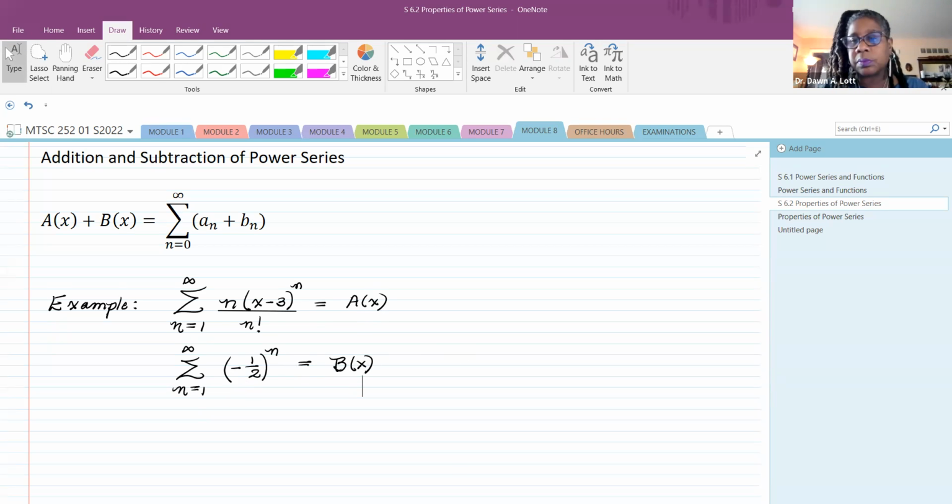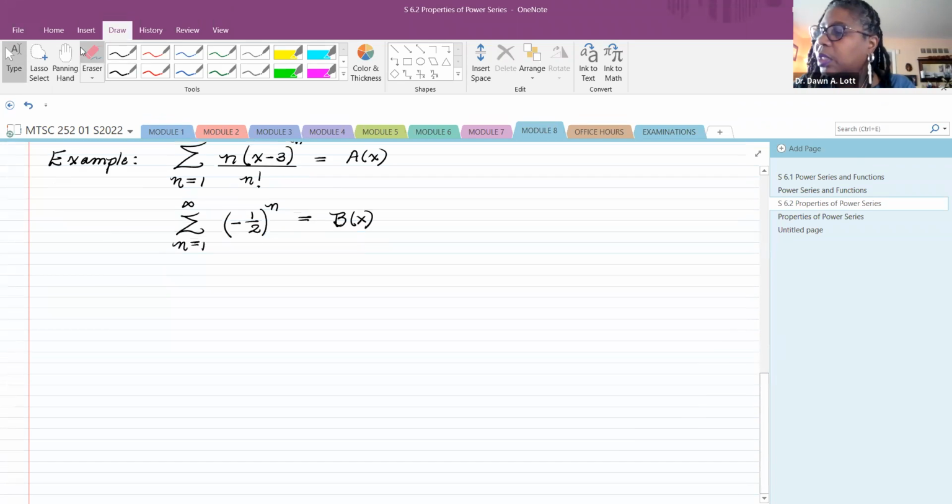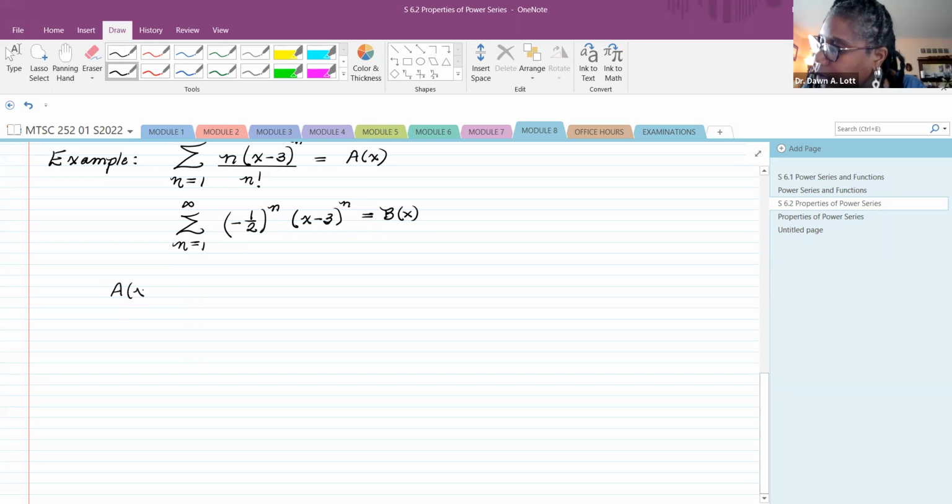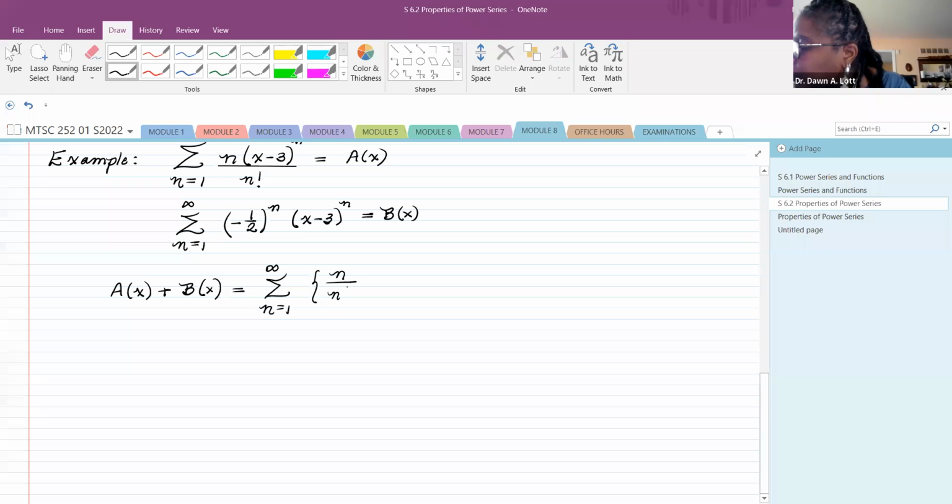And then I am missing an x to the n. So then A plus B, A of x plus B of x, would be the sum n equals 1 to infinity of n over n factorial plus (minus 1/2) to the n, times (x minus 3) to the n.